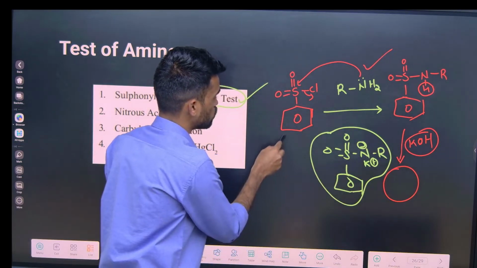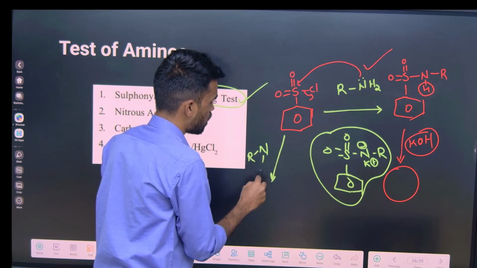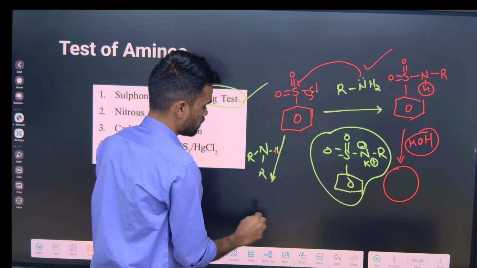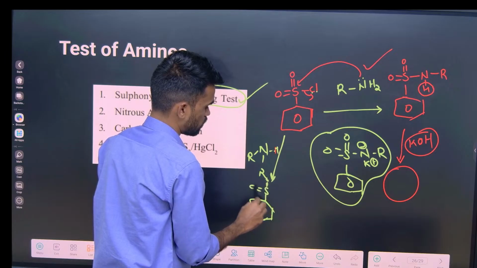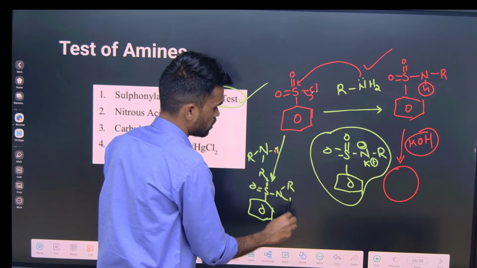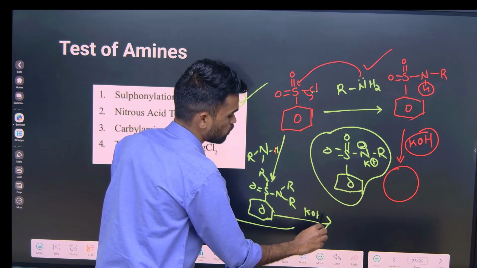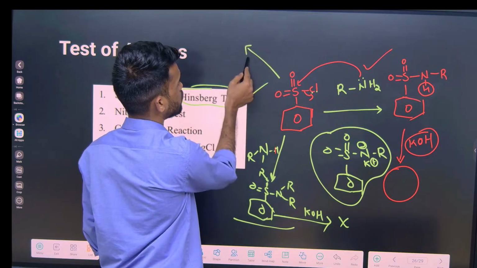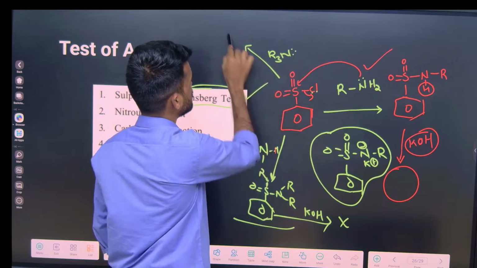Now if you do the same reaction with secondary amines like NRRH, remove this H and this Cl, we are going to get S double bond O N R and R. So we are going to get this product, but it will not be soluble in KOH. Now the same compound, if you treat with tertiary amines, there is no reaction.